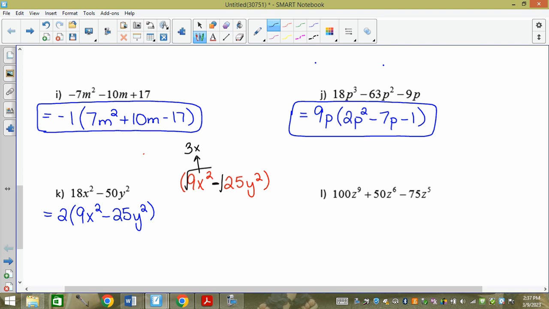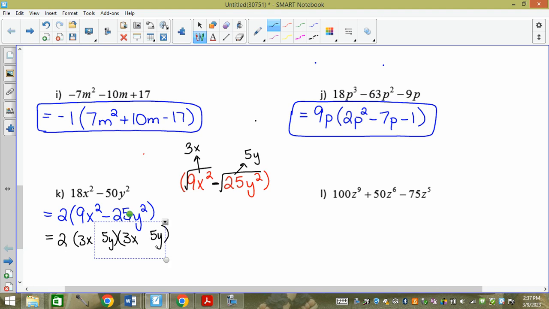And then the square root of 25y squared? 5y. Now all you do once you figure those out is you write them out as two factors. So the 2 just sits in front because that's still there. Then this splits into two factors. 3x is at the front, so it goes at the front of each bracket. 5y is at the back, so it goes at the back of each bracket.